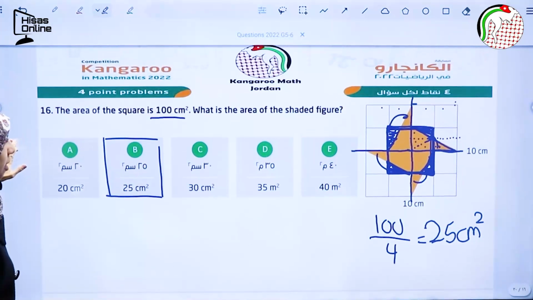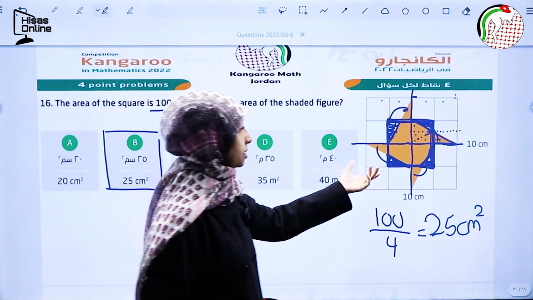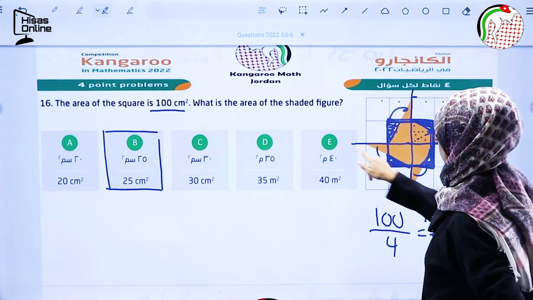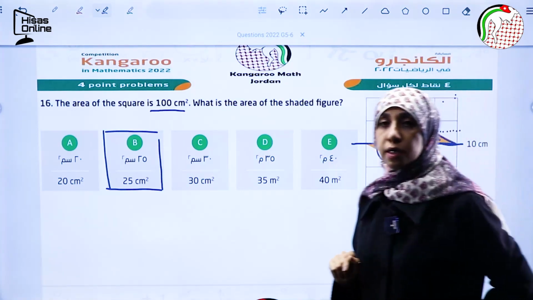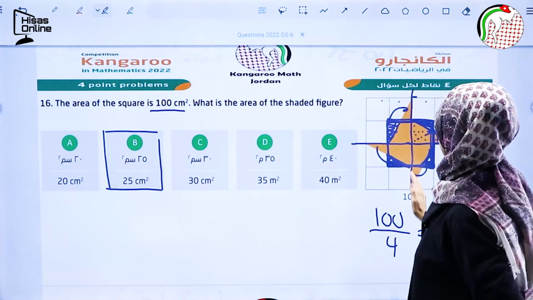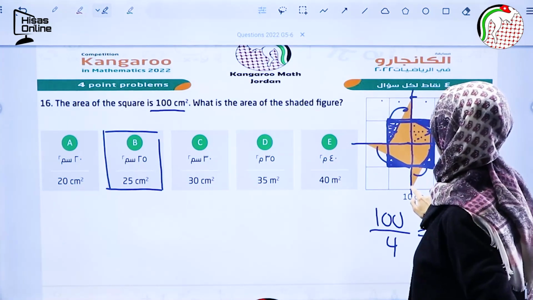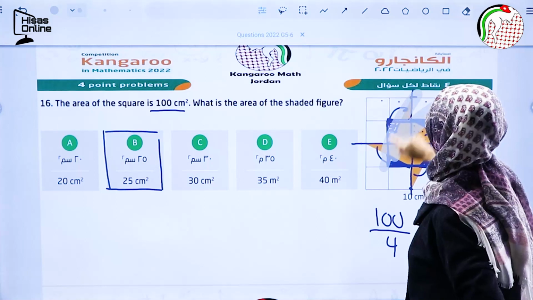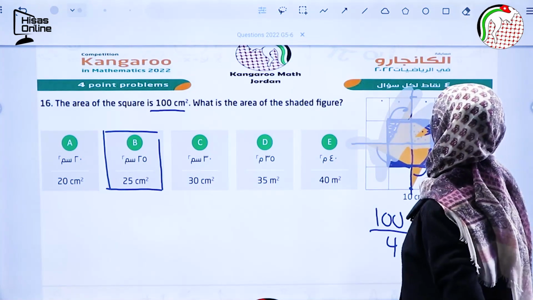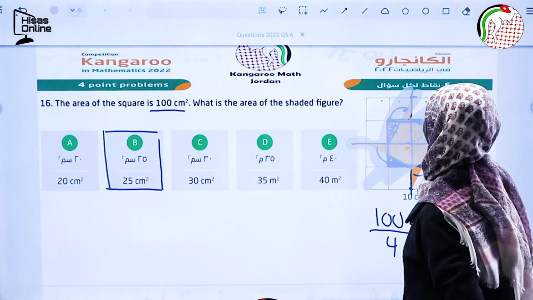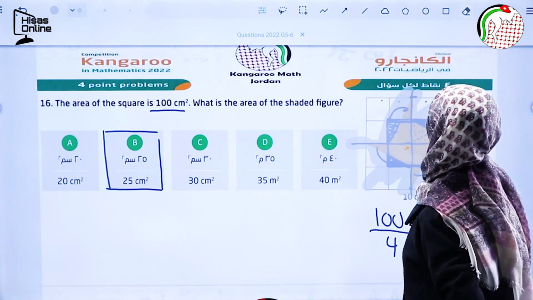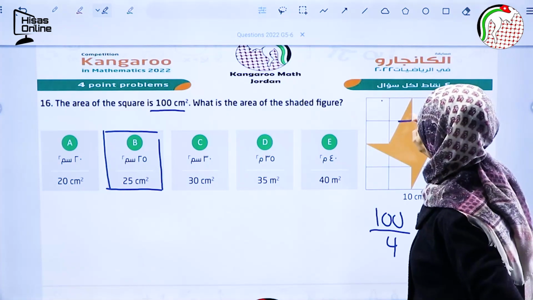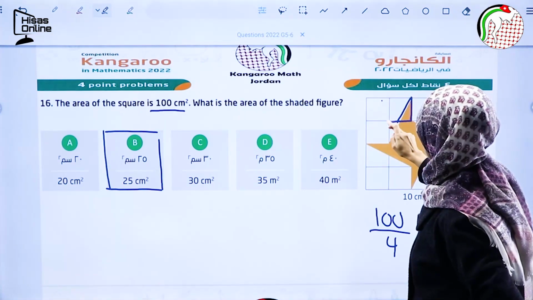Before that, we said that we have here maybe two ways. The first way is to start dividing using those lines in order to divide it from the middle of each point here, or directly you can figure out that those square or those triangles can complete the shape, as we explained as another part of the solution.